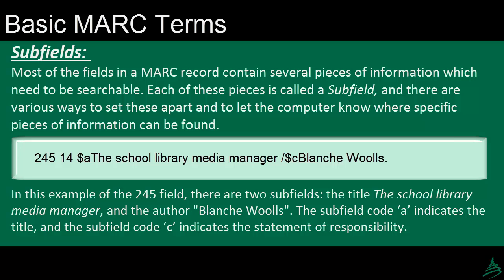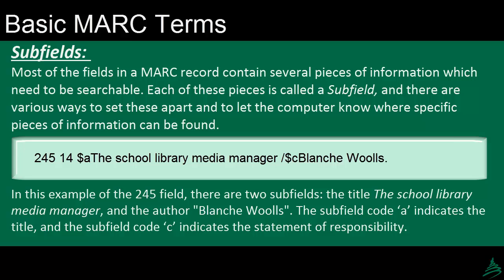An example, if in this I had a subfield B for the author, her name would now no longer be searchable because you've got her name in a subfield B, which the computer knows is a subtitle. Well, that wouldn't be really good for a patron if they were looking for her name.